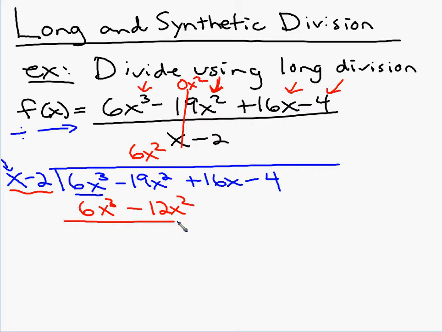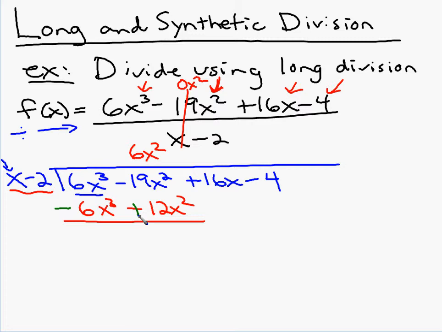And just like regular long division, we are going to subtract that term. And a lot of people mess this up. Because I'm going to subtract this, I need to change both of these signs, like that. Because I am subtracting it just like in true long division.